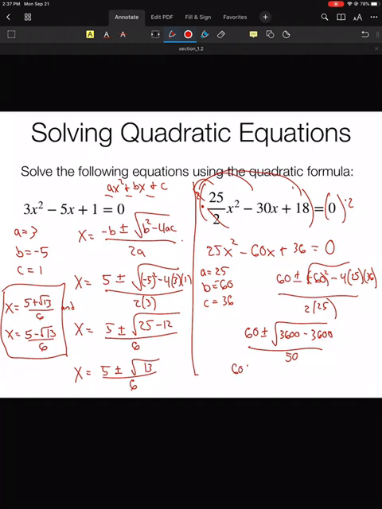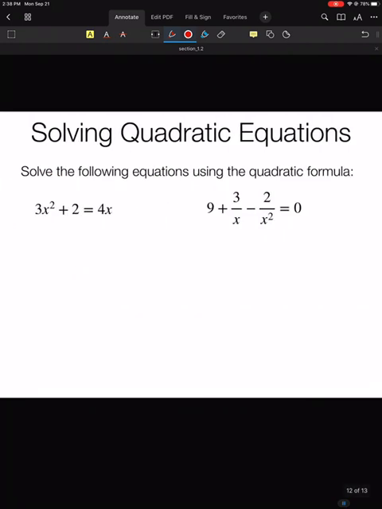So I'm left with 60 plus or minus 0 over 50. And remember, this is what the possible x values are. So x is equal to 6/5. And 6/5 is actually repeated twice. Okay? Plus 0 and minus 0. So there is the second example.